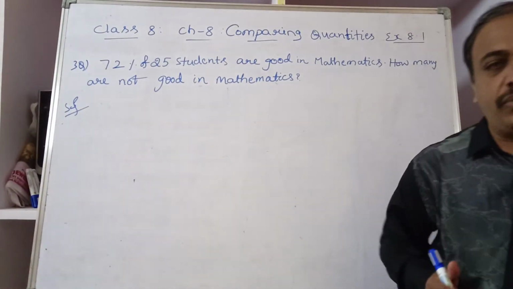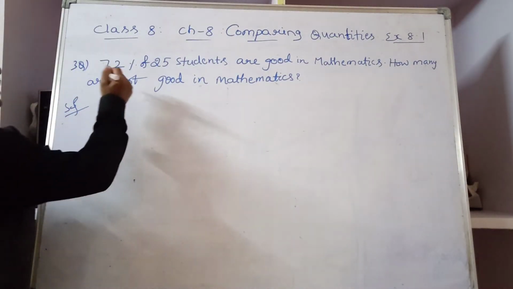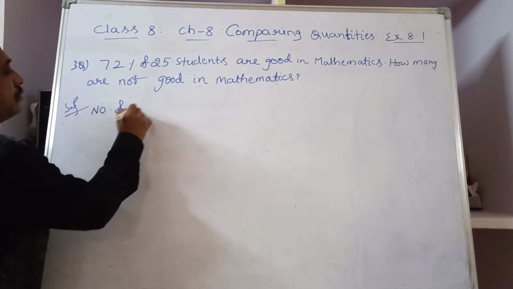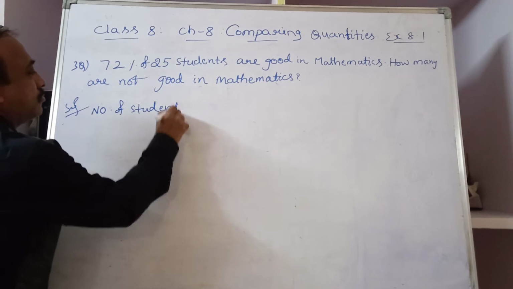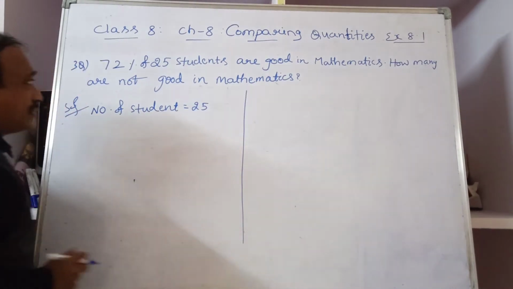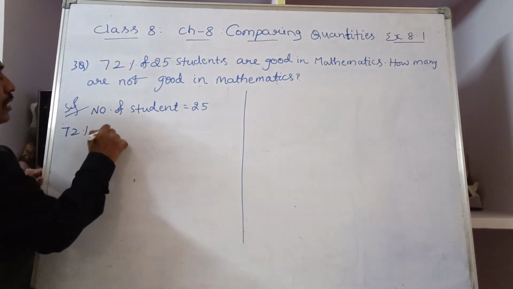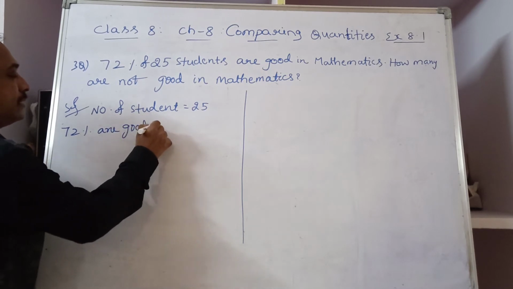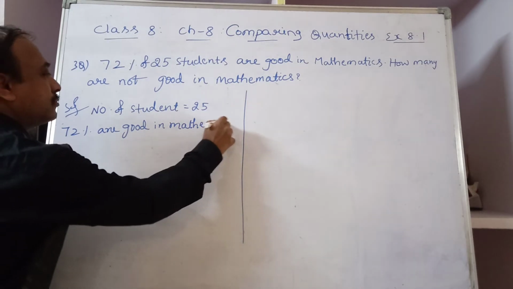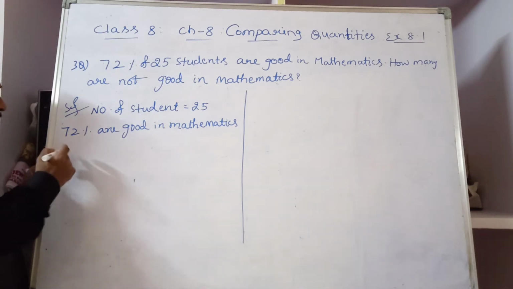Let us see how it is. So here, first, number of students is equal to 25. How many are good in mathematics? 72% are good in mathematics. What we have to find out actually? How many are not good?